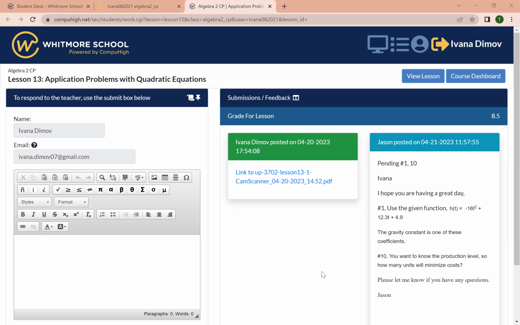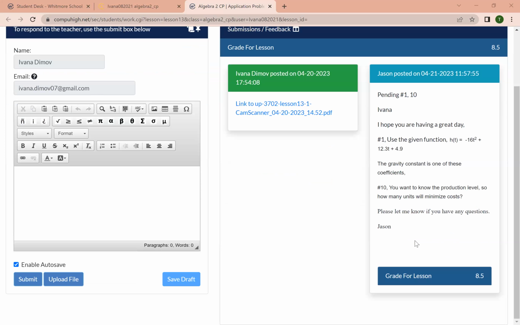I'm not trying to be difficult. Let me snip the feedback for number 10 as well, and then we can look at that together. So for number 1, do I just say the answer is negative 16? I believe that's all he's looking for. Oh, really? We did all that work for nothing?